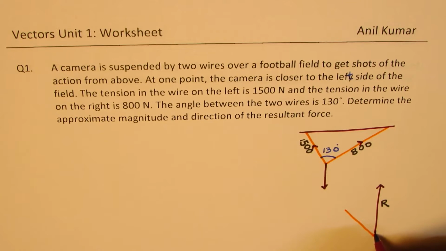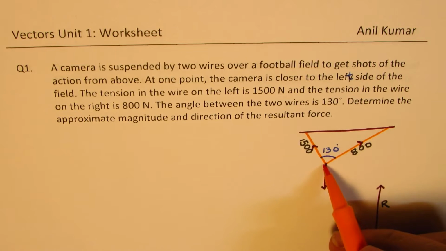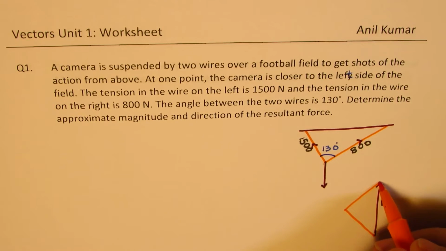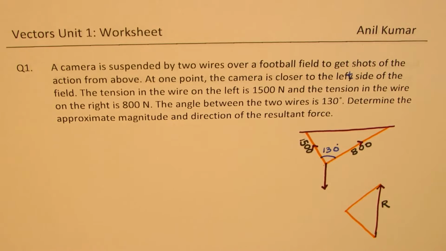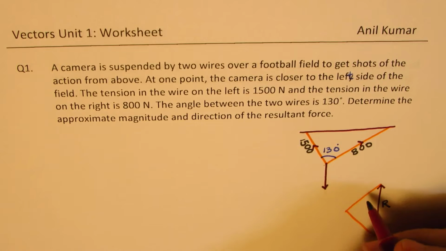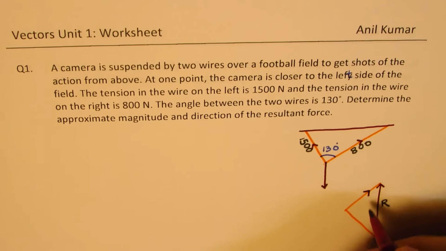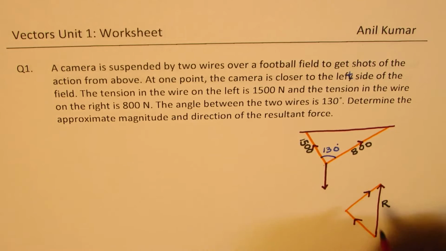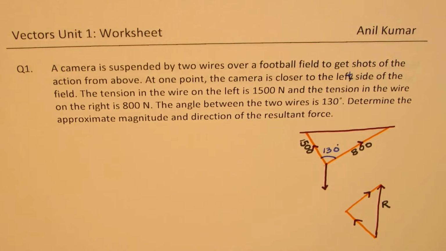And the other going parallel to 800, so we go like this. It does make sense to you, right? So the diagram is not very accurate, but it does give you an idea of how to actually sketch the diagrams. Now these are the tensions, correct?